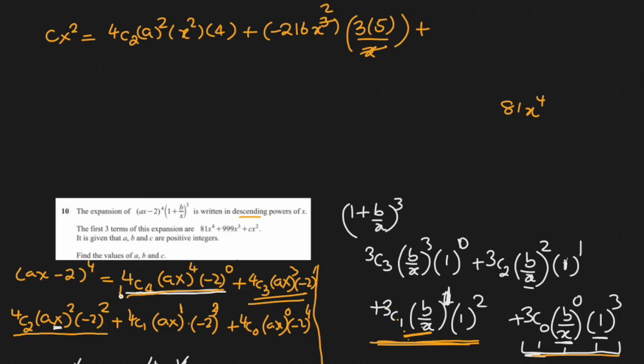This was the expansion of this. It will multiply with this to give me x square, times 3c2 is 3, b square over x square. b square is 5 square over x square, and then 1 to power 1 is 1. So this x square cancels with this, it will remain 2.